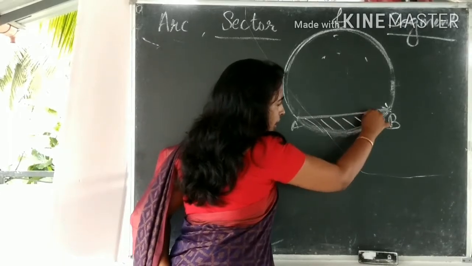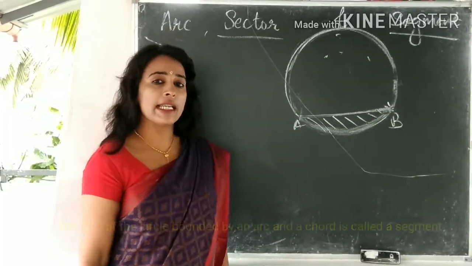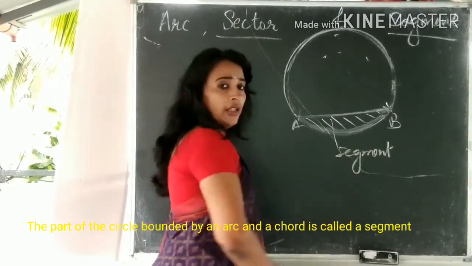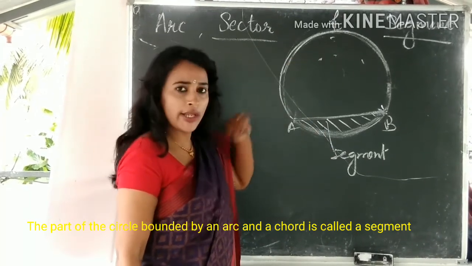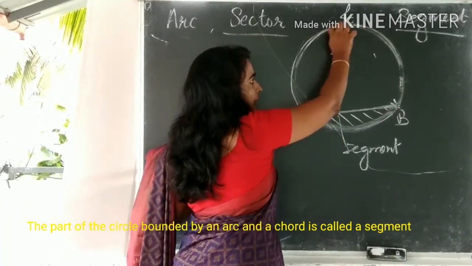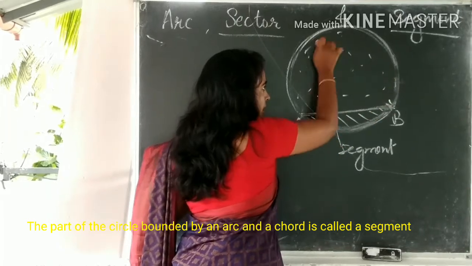So the part of the circle bounded by the arc and the chord is called a segment. This is called a segment. Now, not only this segment, this is also a segment because this is also the part of the circle which is bounded by the arc and the chord. So this is also called a segment.